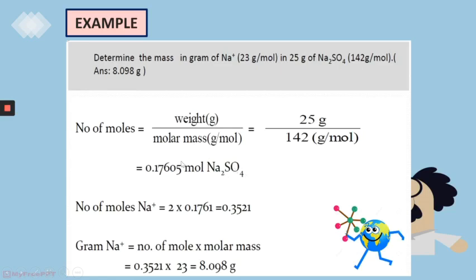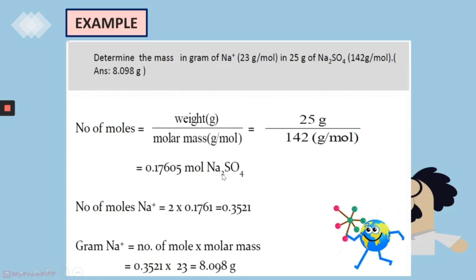Once you get mole Na2SO4, then you can calculate the number of mole of sodium. In 1 mole Na2SO4, it contains 2 sodium. So if 0.17605 mole Na2SO4, you just times with 2.